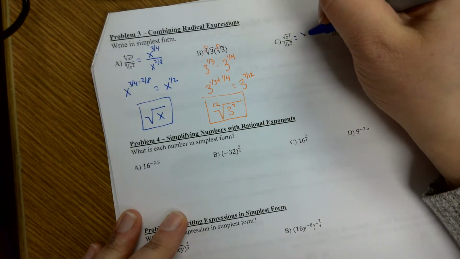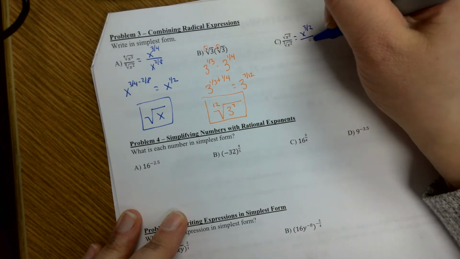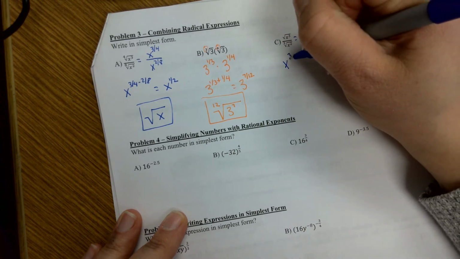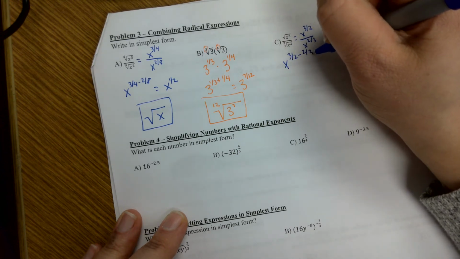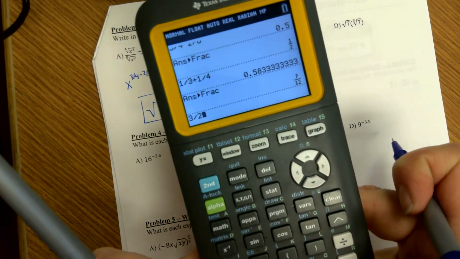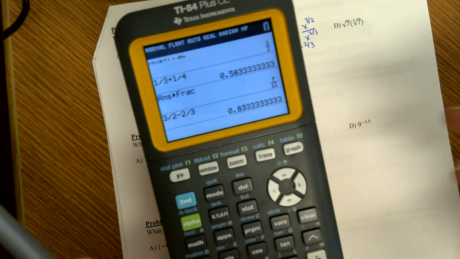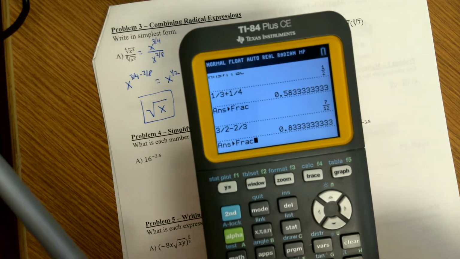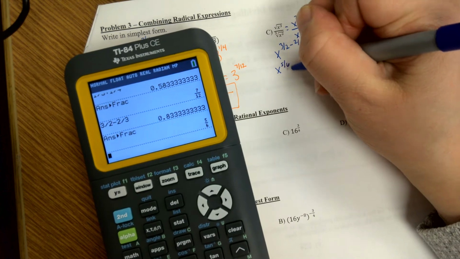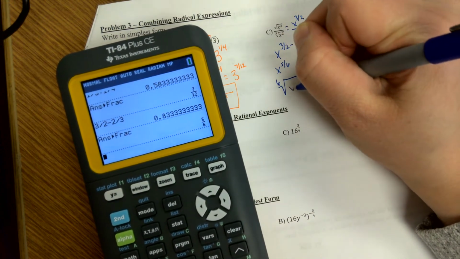On top, this would be x to the 3/2, and bottom x to the 2/3. So it becomes x to the 3/2 minus 2/3, which would give me x to the 3/2 minus 2/3. Math, fraction, 5/6. So when I rewrite this, my 6 is my index.